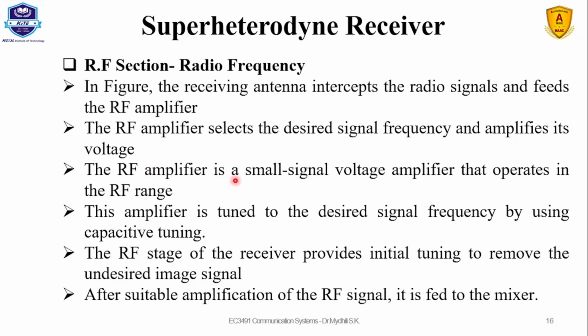The RF amplifier is a small signal voltage amplifier operating in the radio frequency range. It is tuned to the desired signal frequency by means of capacitive tuning, and the radio frequency stage provides initial tuning to remove the undesired image signal. After suitable amplification, the radio frequency signal is fed to the mixer.